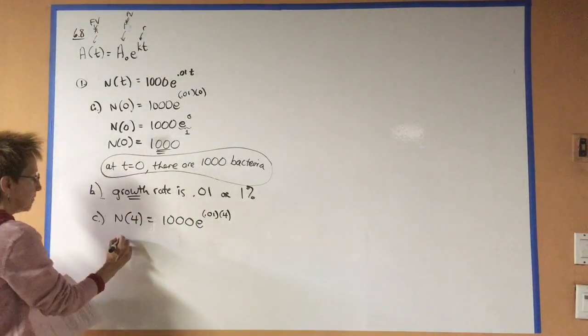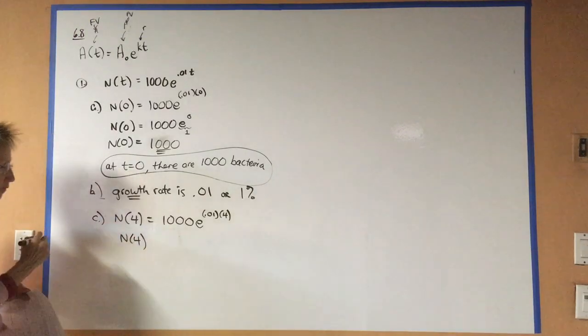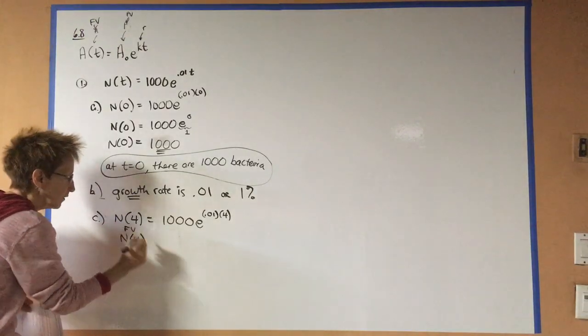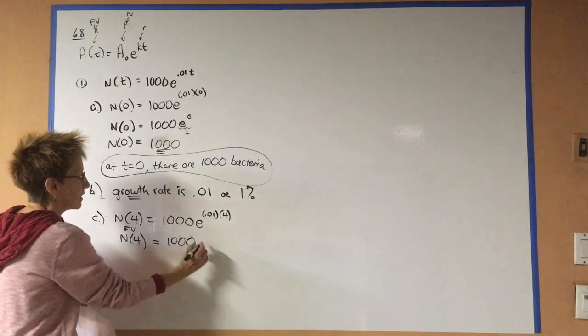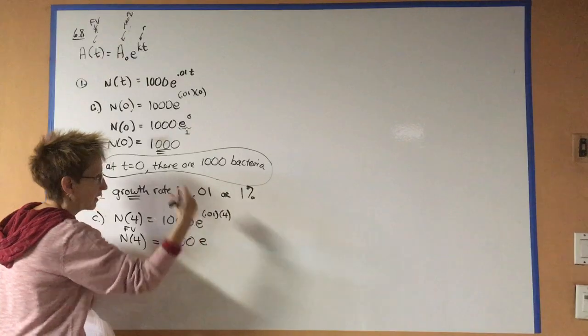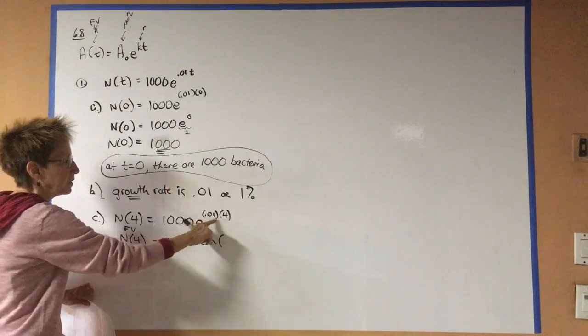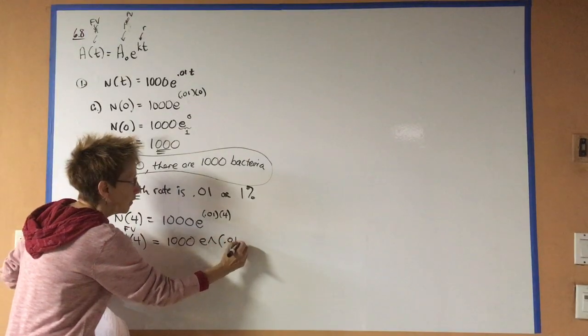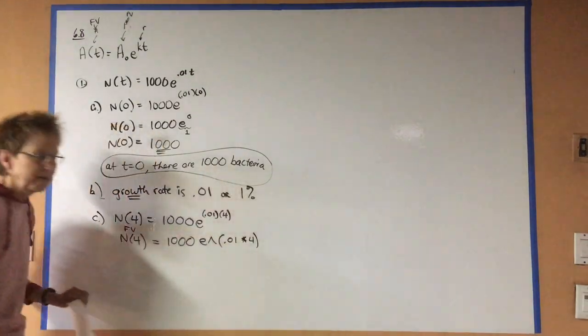So that means that my future value, which is what this N of 4 stands for, is equal to, if I put this in my calculator, I'm going to type in 1,000. I'm going to hit the second ln key and get e to a power of. And then how am I going to put this power in? I'm going to put 0.01 multiplying with 4, just one set of parentheses.